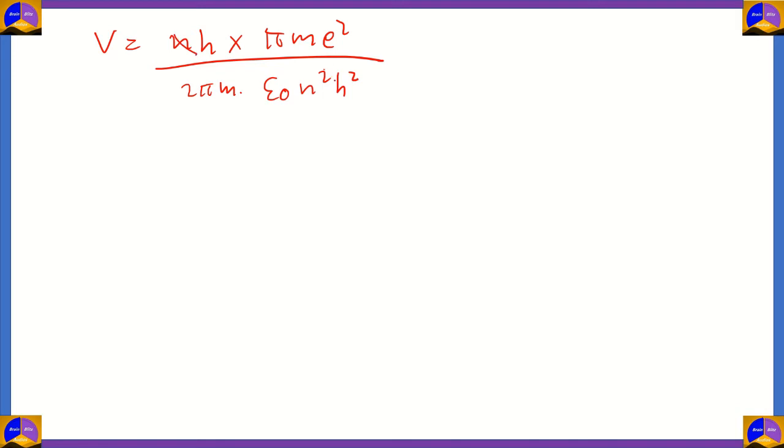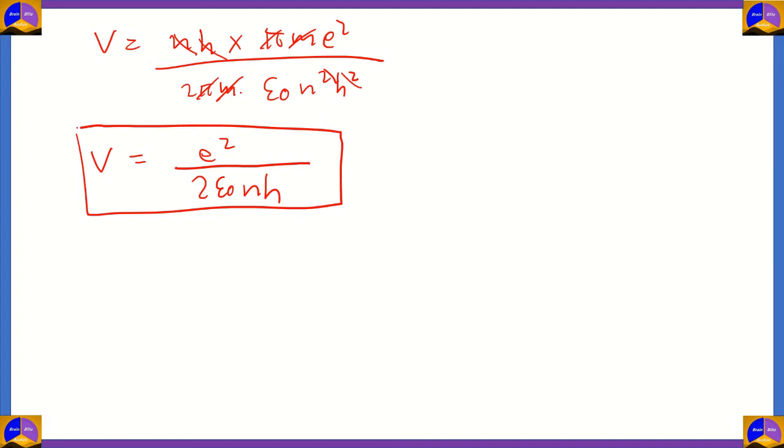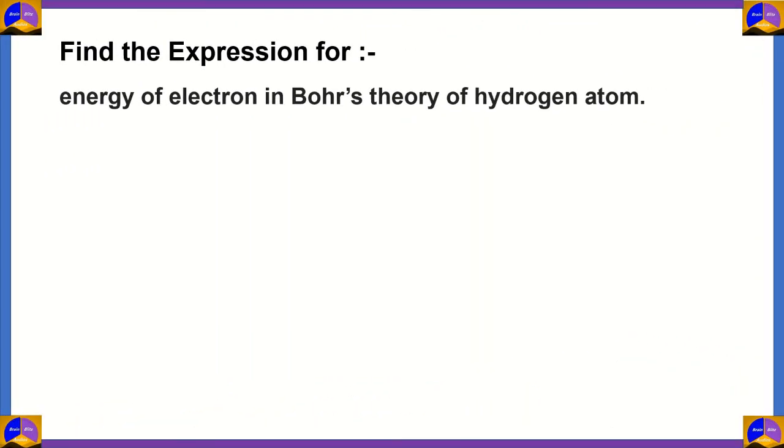So n gets cancelled, h gets cancelled, pi gets cancelled, m gets cancelled. So the value for velocity is e square divided by 2 epsilon naught n h. So this is the formula to find out the value of velocity. Now, in order to find that, we used angular momentum, and we also used the previously derived formula for radius, and we put in those values and we got the answer for velocity in Bohr's theory of hydrogen atom.